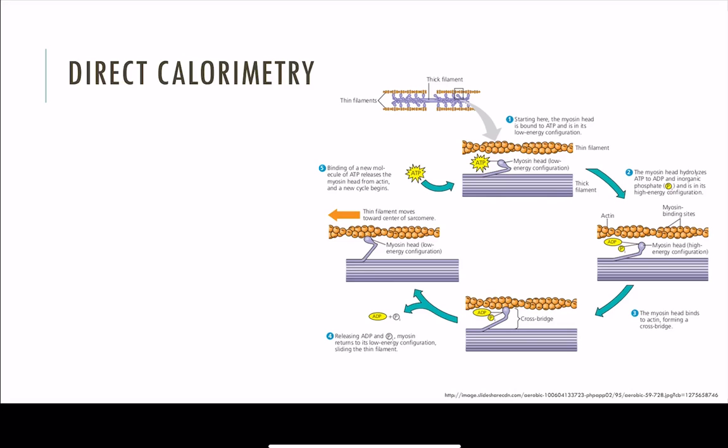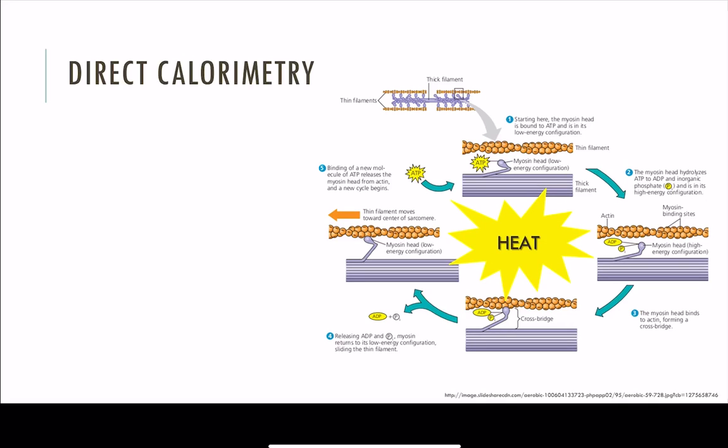Direct calorimetry is based on the concept that the conversion of stored chemical energy to mechanical energy actually generates heat. And this is a piece when we did the myosin ATPase, or the actin and myosin cross-bridge cycle.